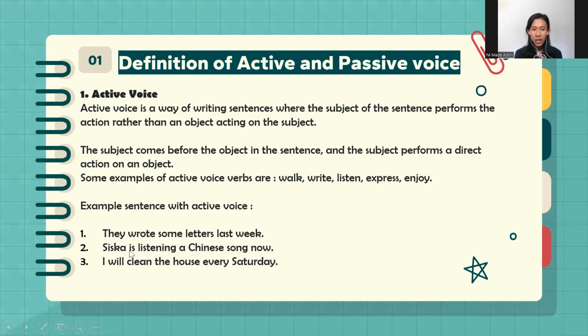Siska as a subject here is also doing an action, which is listening to a Chinese song. The third one is "I will clean the house every Saturday." The subject is "I," and it will do the action, which is cleaning the house every Saturday.